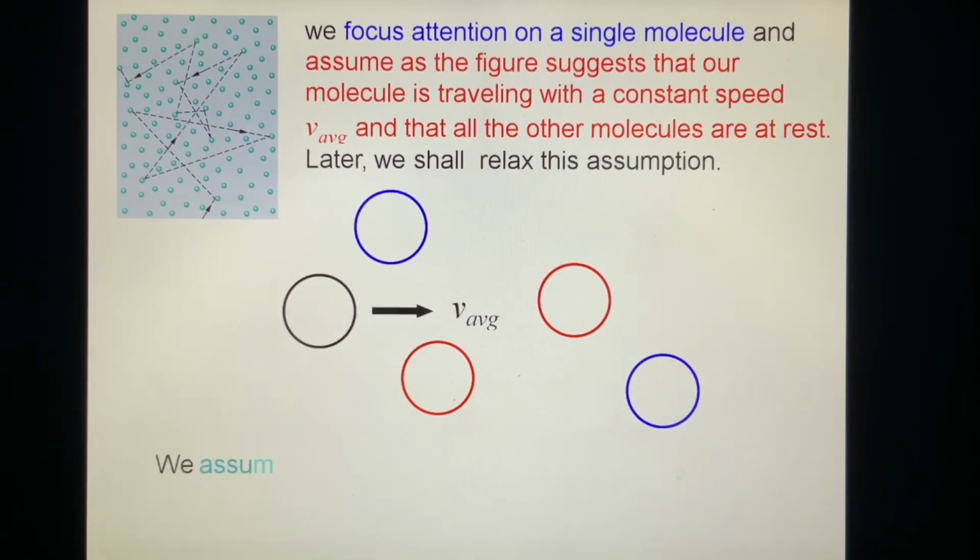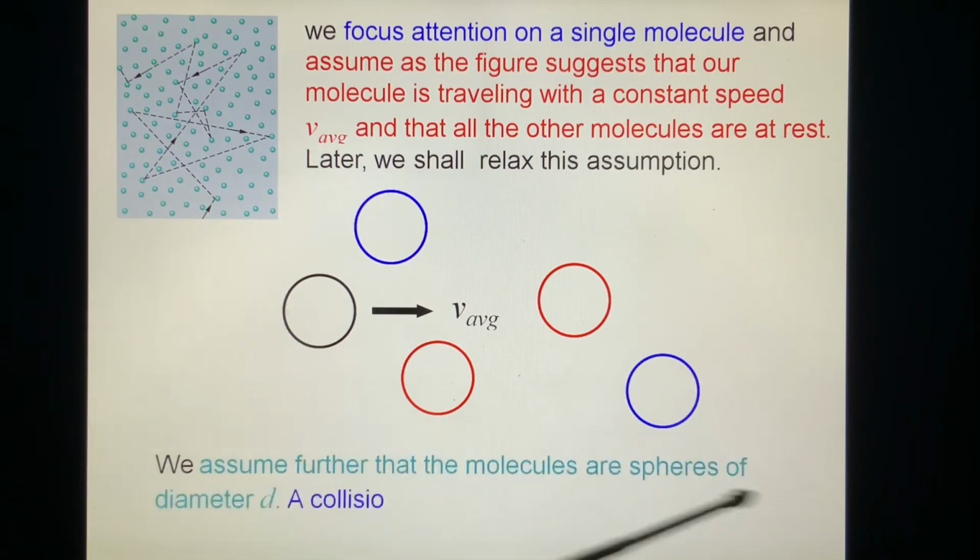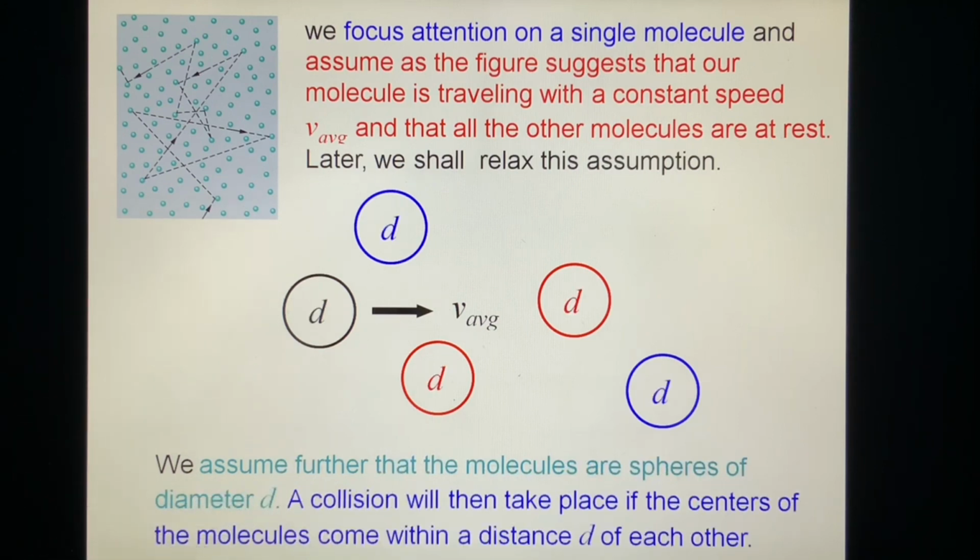We assume further that the molecules are spheres of diameter d. A collision will then take place if the centers of the molecules come within the distance d of each other, like this one. Outside this range, they will not touch.